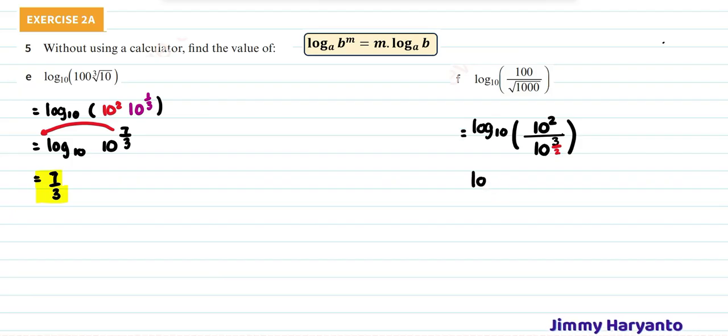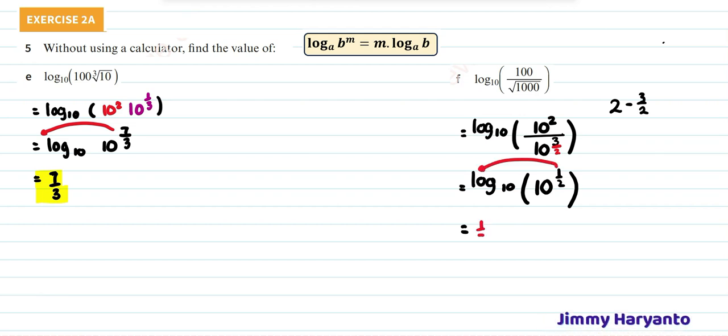That means we have to subtract the powers. Yeah, so you'll have 10 to the power of 2 minus 3 over 2 equals half. And that also means you can move the half to the front. You'll have half, and then log 10 of 10. Log 10 of 10 equals 1, so the answer is half.